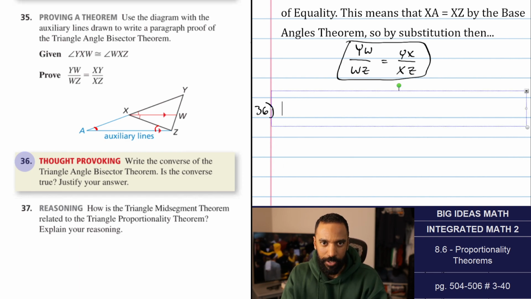Okay, write the converse. So now we're saying if a ray passes through, and those things are in proportion, then the ray is bisecting the angle.